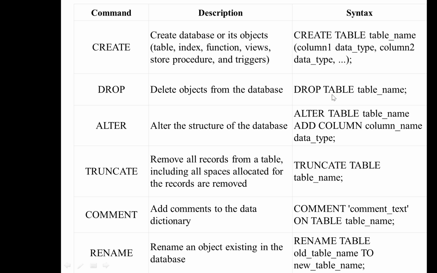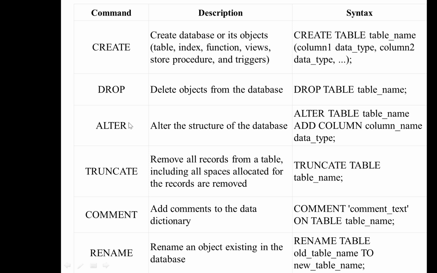Here DROP TABLE is the keyword followed by the table name. The table must already exist in the database, then only we can drop it. Otherwise the table is not found in the database. The table which is available in the database, only that table we can drop by using this command.